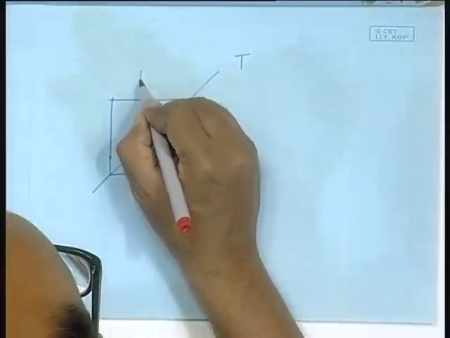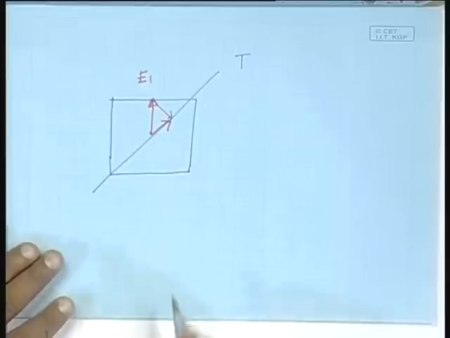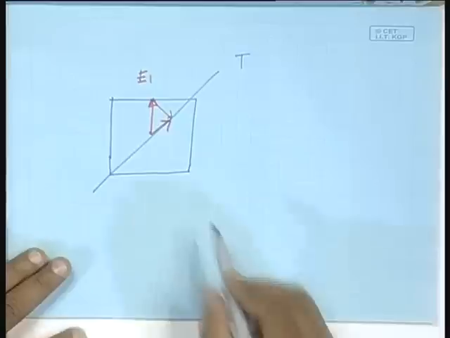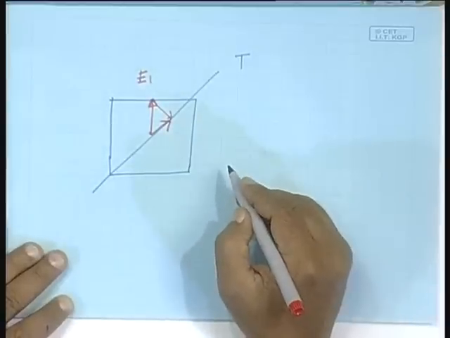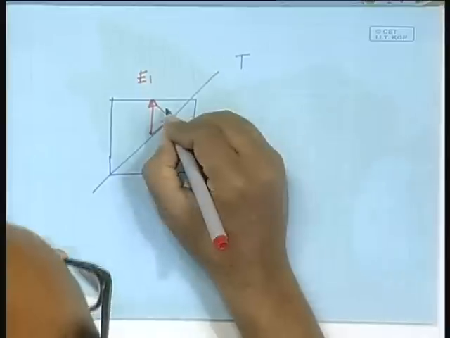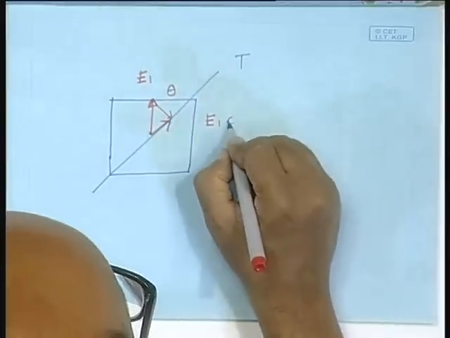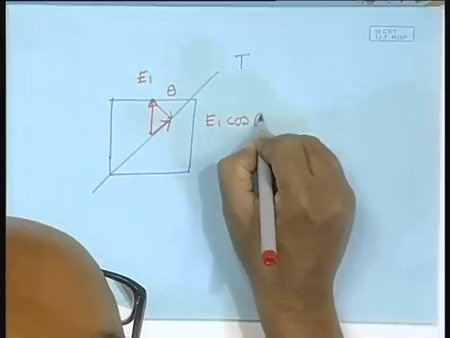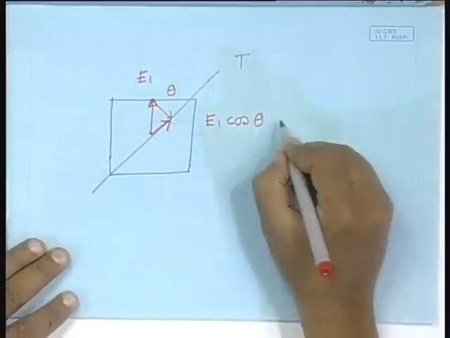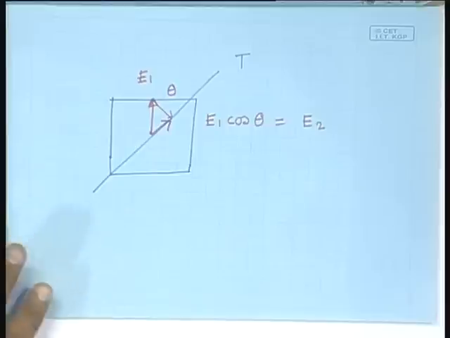So, if the incident light has electric field amplitude E1, the amplitude of the electric field that passes through, if this angle is theta, is going to be E1 cos theta. Let this be E2, the amplitude of the electric field that comes out.